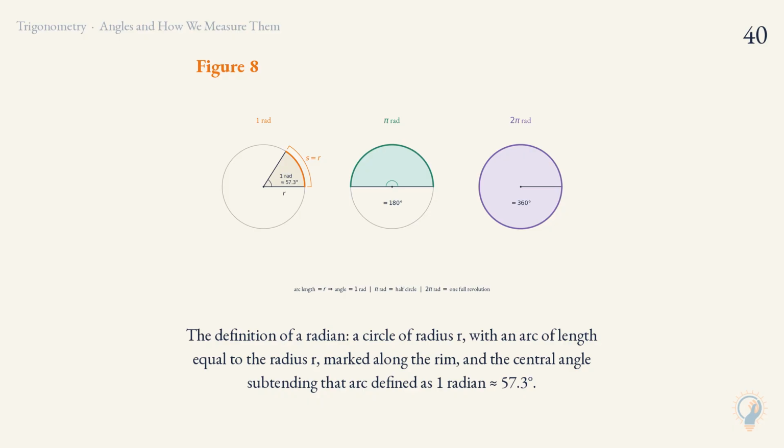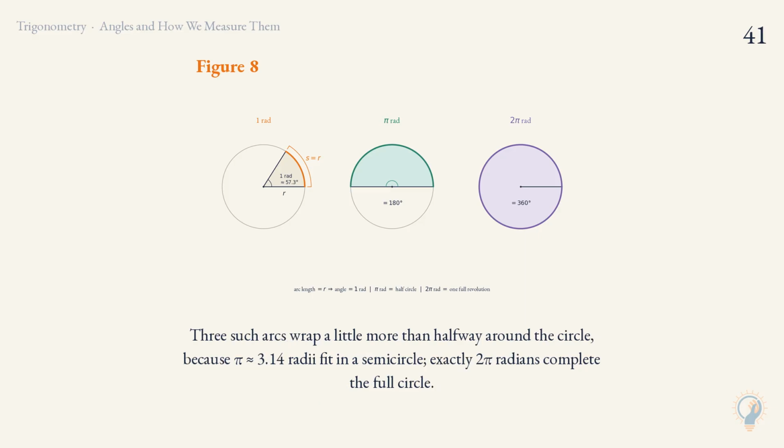Figure 8. The definition of a radian, a circle of radius r with an arc of length equal to the radius r marked along the rim, and the central angle subtending that arc defined as 1 radian, approximately 57.3 degrees. 3 such arcs wrap a little more than halfway around the circle, because pi is approximately 3.14, meaning 3.14 radii fit in a semicircle.